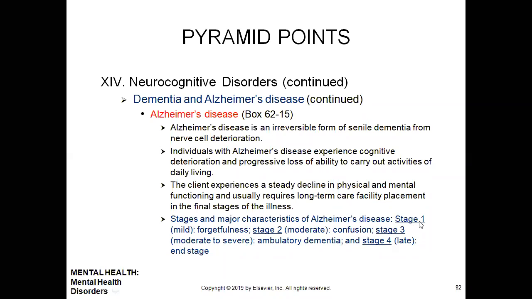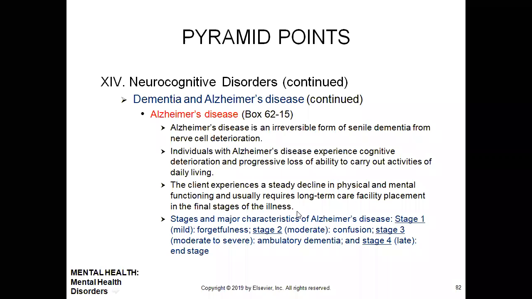Stage 1 is the mild form, most commonly forgetfulness: memory lapses, frequently misplacing items, or difficulty concentrating. In stage 1, or mild Alzheimer, there is no issue with daily living activities.